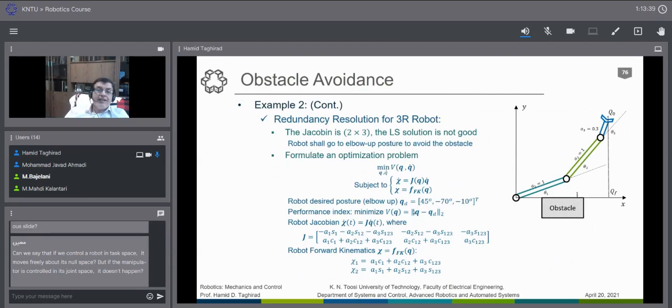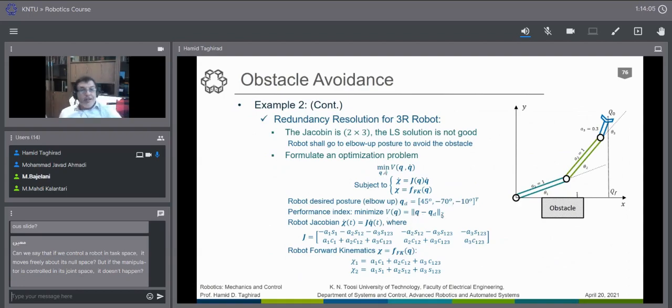So although we are moving through that, since we would like to define a cost function, we define a cost function, Q minus Q desired. The Q desired is an elbow up position. Your Qs shall go to an elbow up design. So you should minimize this cost function, the 2 norm of Q minus QD.